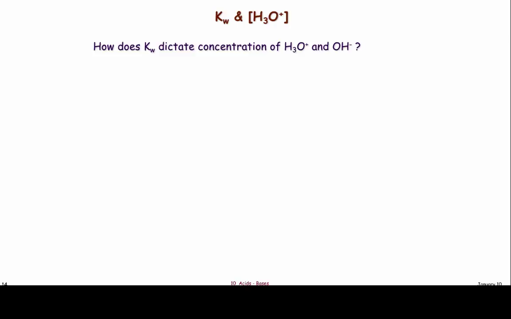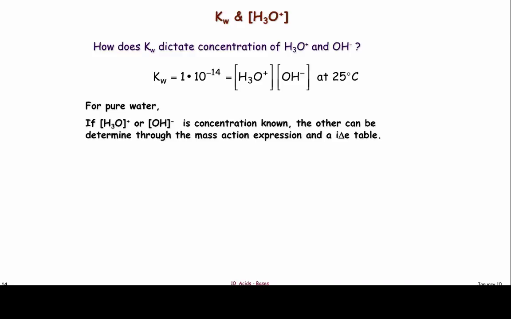Now, how do we determine the concentration of hydronium and hydroxide when you just have water standing there? Well, it's actually a little bit of math. We know that the product of the concentrations of hydronium and hydroxide is equal to the Kw. So, for every 1 hydronium, you form 1 hydroxide. So if you do the algebra, that means hydronium and hydroxide are equal.